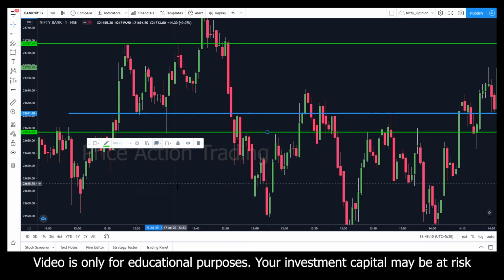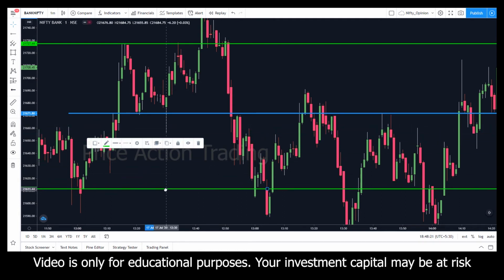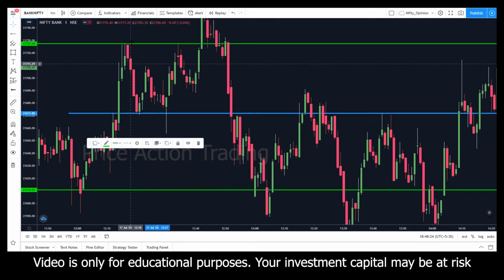So remember this, mark the body first, and then if you see that the levels or the areas are getting created, tie up those wicks also. But it is not necessary to tie up the wicks. You have to mark the body first. Body is what matters in the price action.